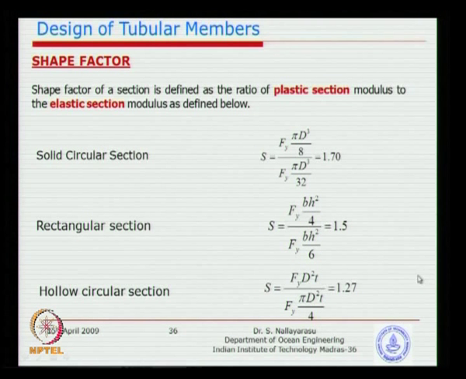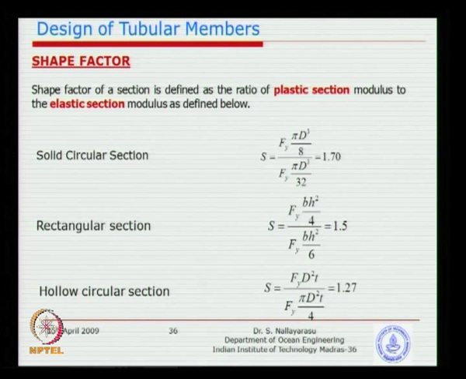So, if you look at a hollow circular section, the ratio is 27%, not very bad, but not very good either, because you see here rectangular solid sections give 1.5, solid circular sections 1.7, whereas hollow sections are slightly lower. But of course, in the construction in concrete, most of the time, 90%, you have solid cross sections.